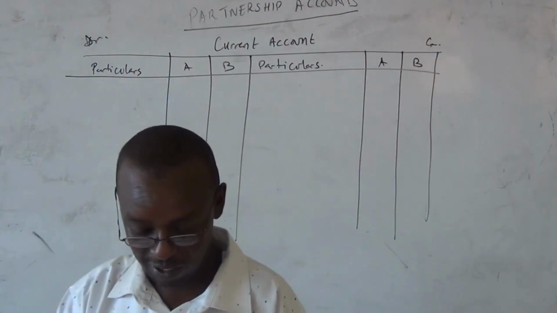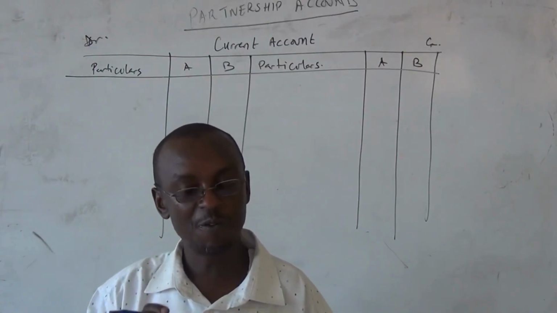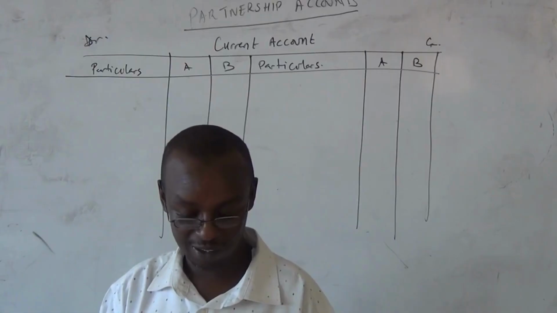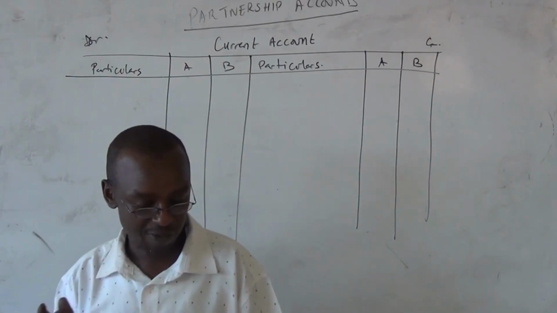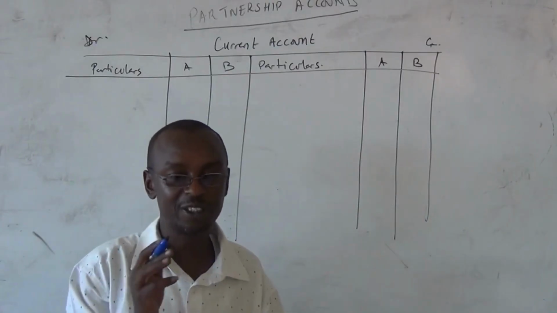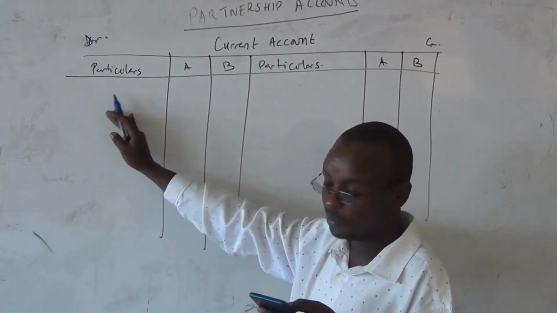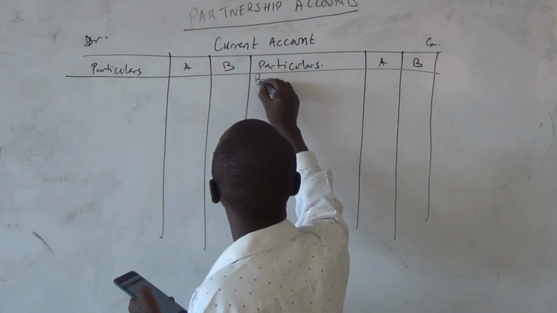Then the current account records the movement of partners' earnings. Items that increase earnings to the partners are credited, and those that decrease are debited. So our balance will be here.